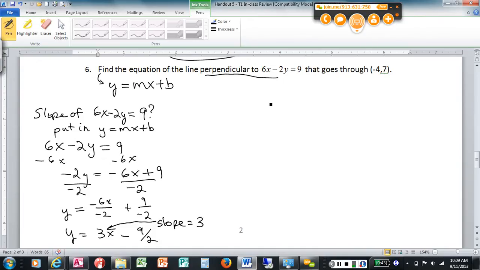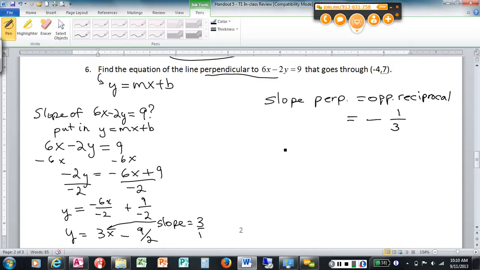So the slope of the line I want is perpendicular, opposite reciprocal, right? What would that be? Negative 1/3. It's a positive 3 slope, so I'd want a negative. Do the opposite sign and the reciprocal. Well, that's 3 over 1, so the reciprocal would be 1/3.